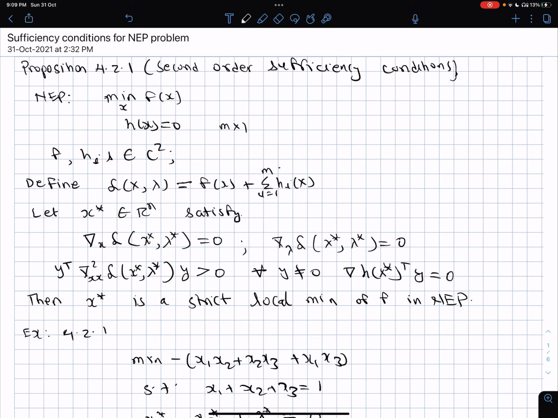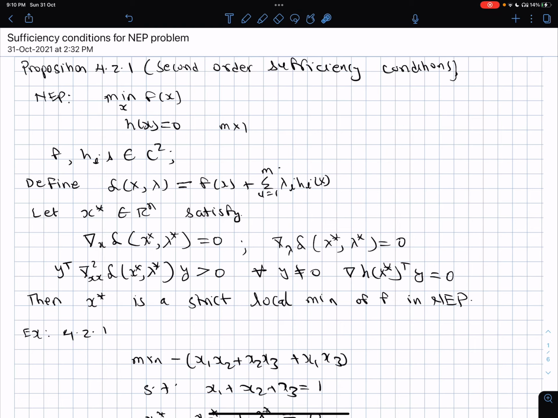You write the Lagrangian function as f of x plus, either lambda transpose h of x in vector form, or take each one of the constraints, multiply the ith constraint by the Lagrangian multiplier lambda i times hi of x, and then together this becomes my Lagrangian function.